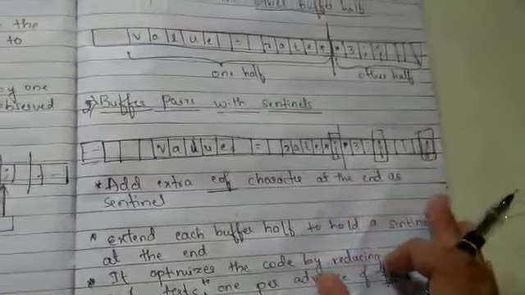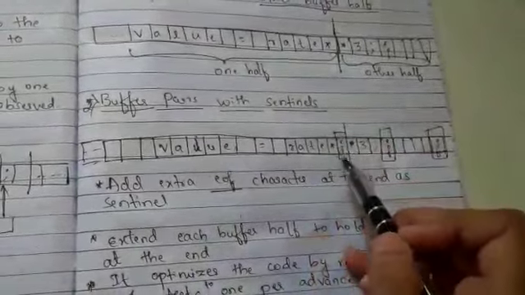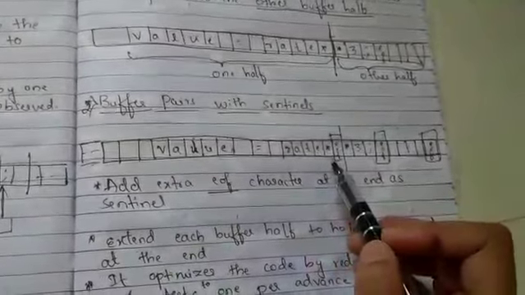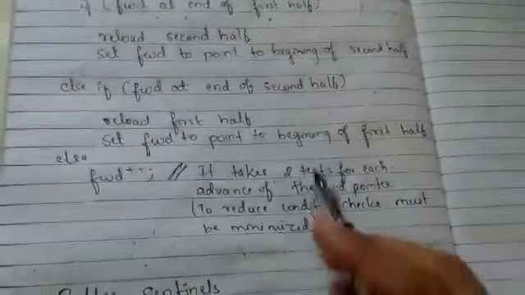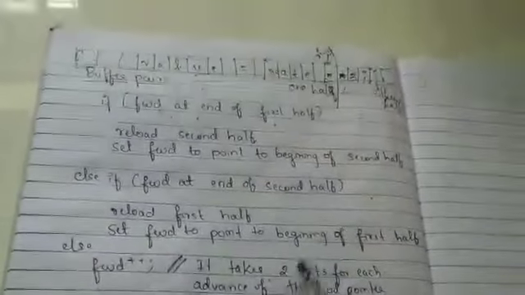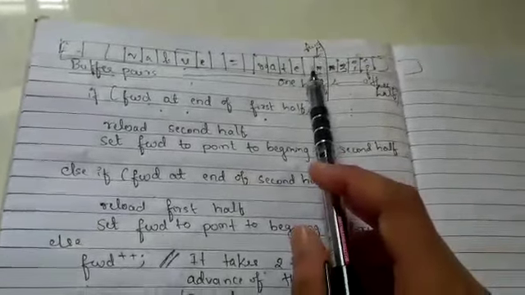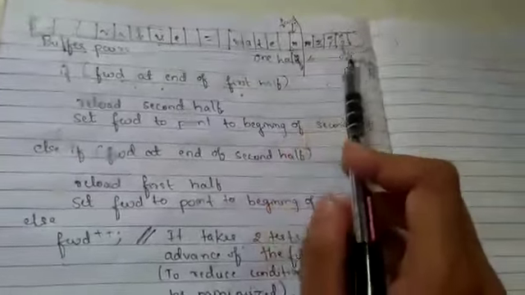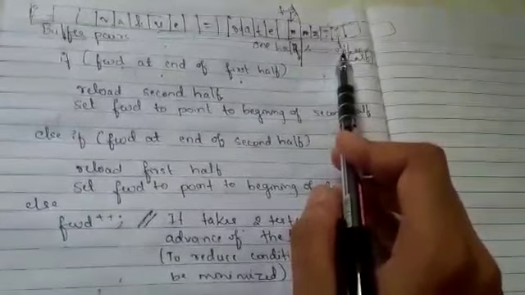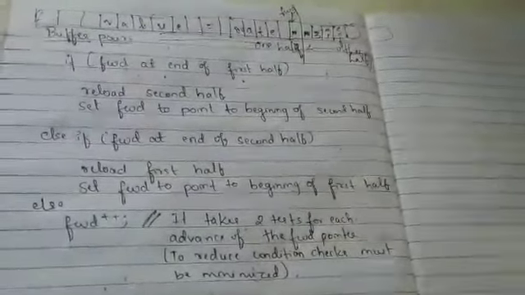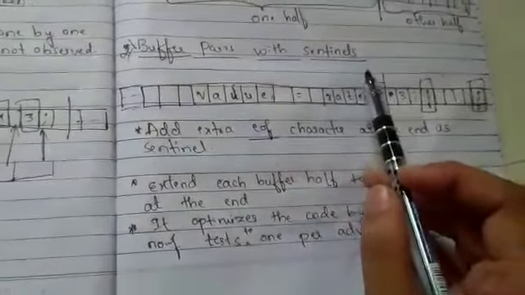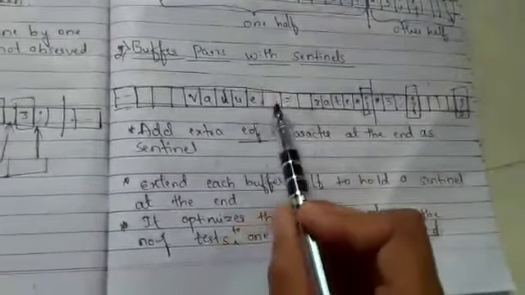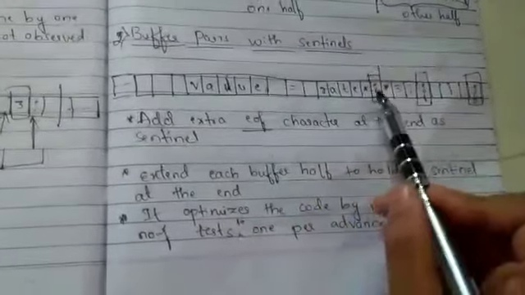Here each half is given an EOF, end of file. By having buffer pairs, each time we need to check whether forward is at the end of the first half or the end of the second half. To reduce this, we use the second concept, buffer pairs with sentinels.